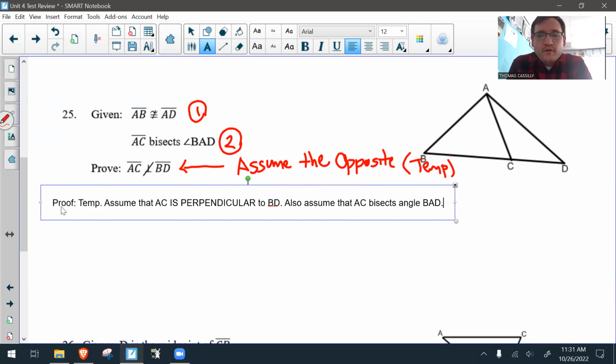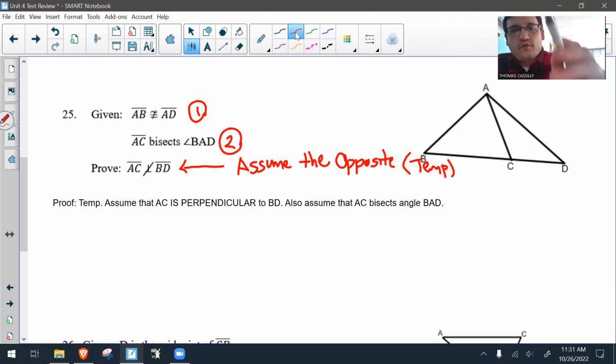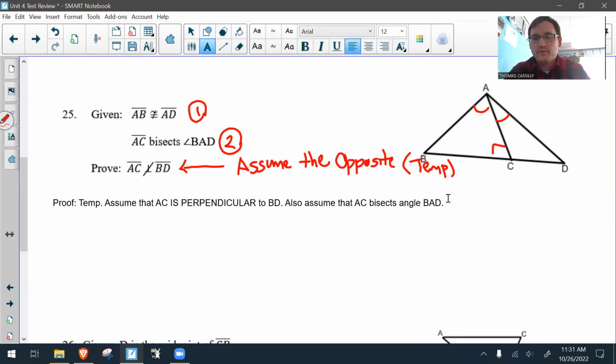All right. So just from this assumption, here's kind of what we have. If we draw on our picture, we have a perpendicular angle, and we have AC bisects BAD. So we know that these top angles are congruent. I know it doesn't look like they're the same, but remember, we have to go off of our given information and our temporary assumption.